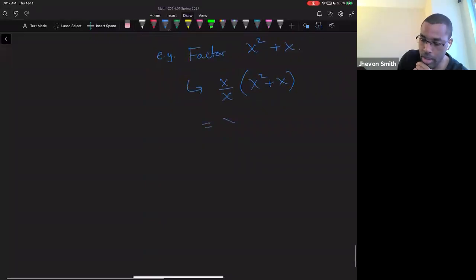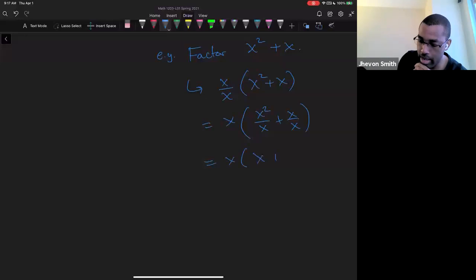And then you left one x outside and you brought in the x in the denominator inside. You do this, and what happens is the inside simplifies to x plus 1. It just so turns out that the perfect thing to multiply and divide by happens to be the lowest power of the common terms inside. That's the most convenient thing.